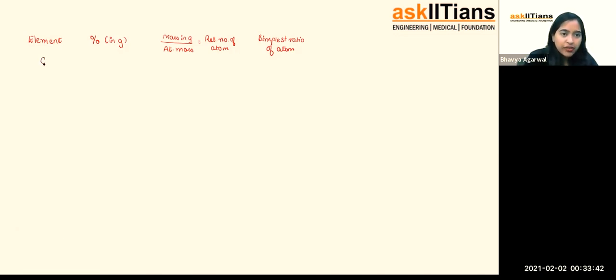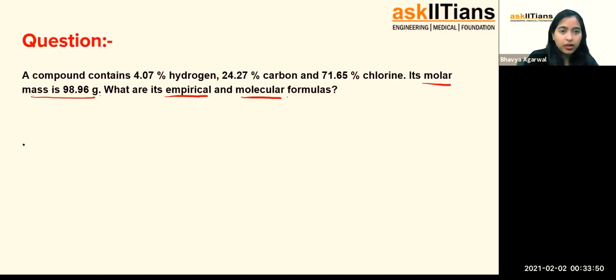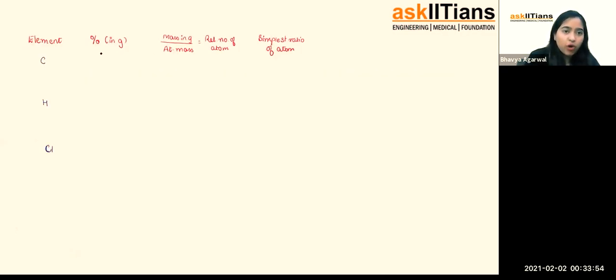So the elements given are carbon, hydrogen, and chlorine, right? Now the percentage of carbon is given as 24.27, so I'll write that part here. The second step is, so that is in grams, I'll divide this by the atomic mass.